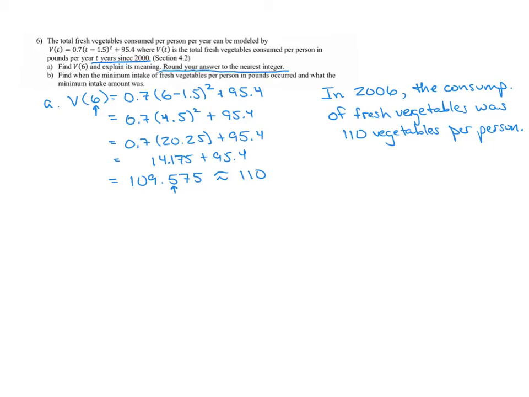No, that is pounds. I finally saw it. 110 pounds of fresh vegetables per person.